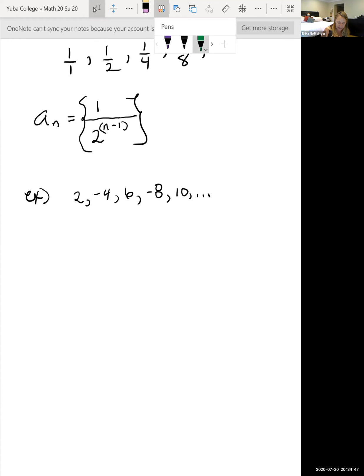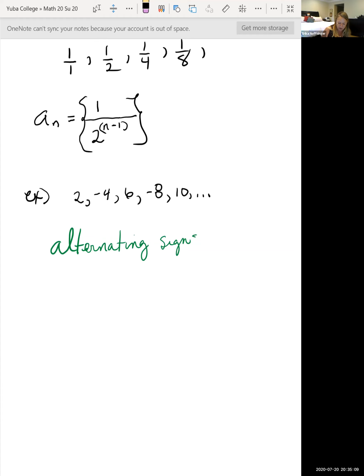Alternating signs: positive, negative, positive, negative, or negative, positive, negative, positive.